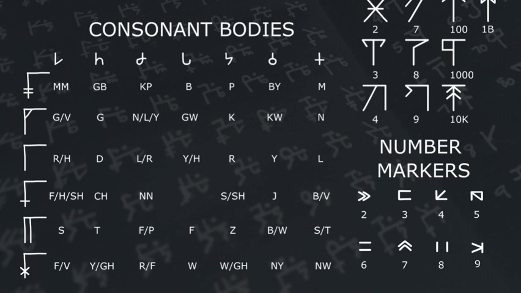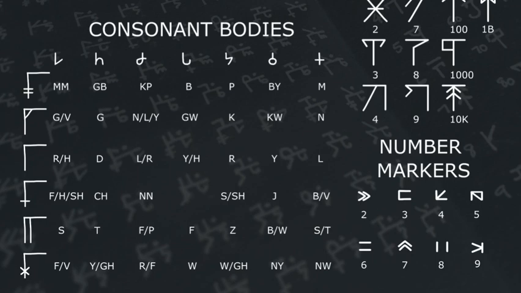So, for example, if you wanted to write the word uno, which means building or house, you should know that this word is sometimes pronounced by people of other dialects as ulo.